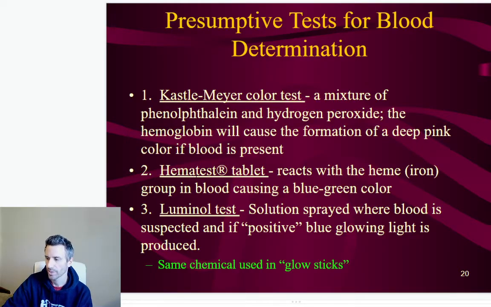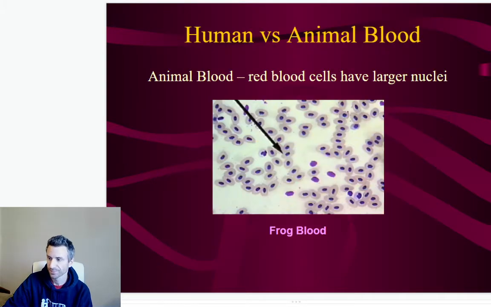There's a hematest tablet, which reacts with the iron group in the blood and causes a blue-green color. And there's a luminol test that will cause it to glow. That can be sprayed on, and it's a pretty easy identifier as to whether it's blood at all.